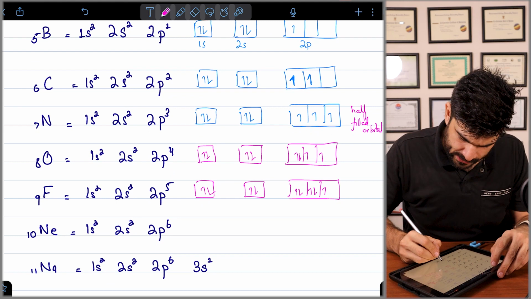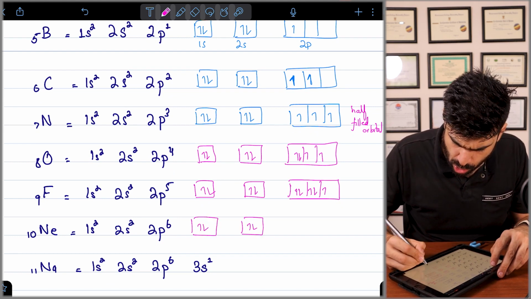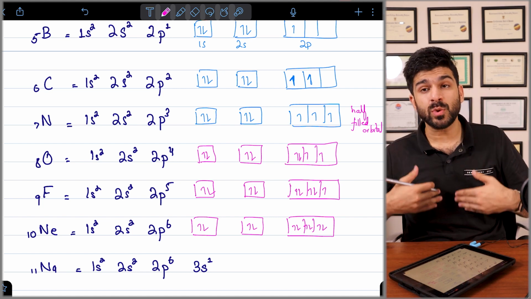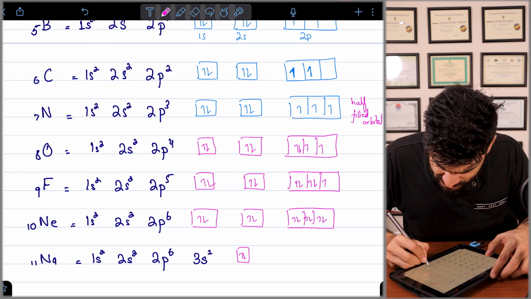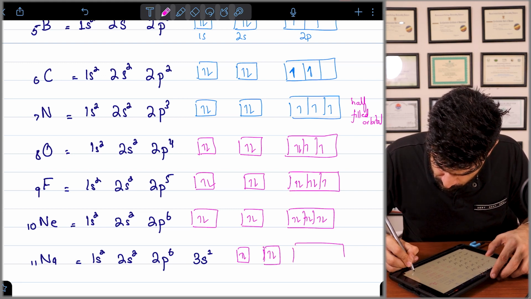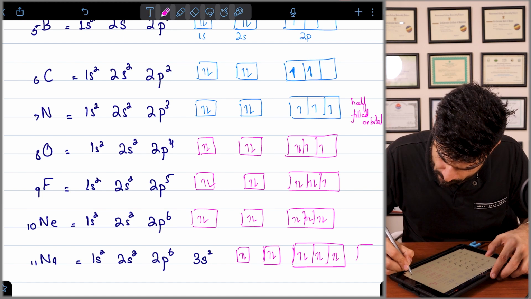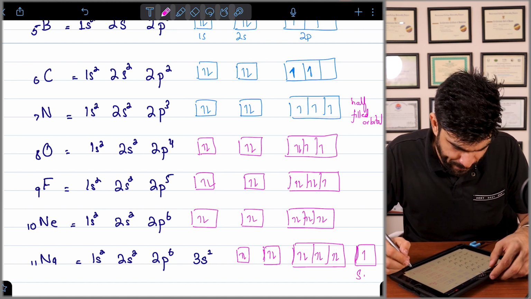One is left. And the last, neon. 2 electrons in each orbital. Obviously, now we don't have space to add more electrons. What will we do? We will add 3s2, with just one electron.